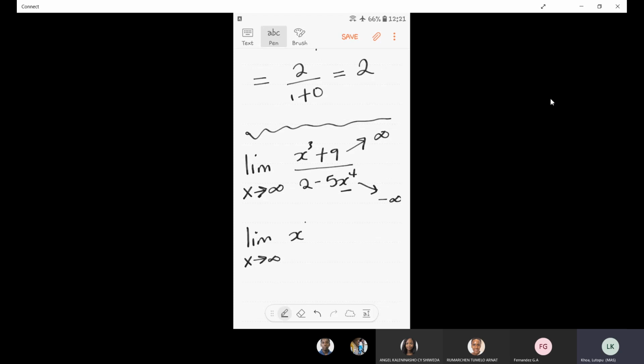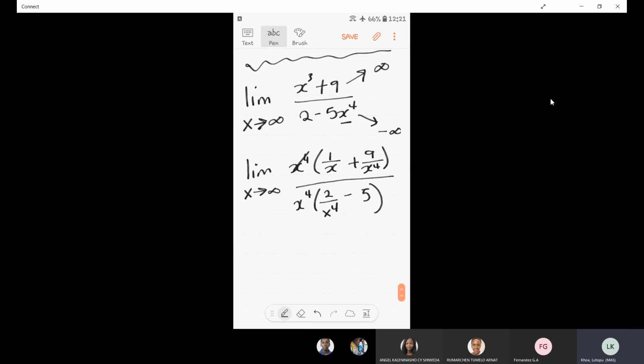So x to the power of 4 times (1 over x plus 9 over x to the power of 4). And then in the denominator, I also take out x to the power of 4, and then I have (2 over x to the power of 4 minus 5).